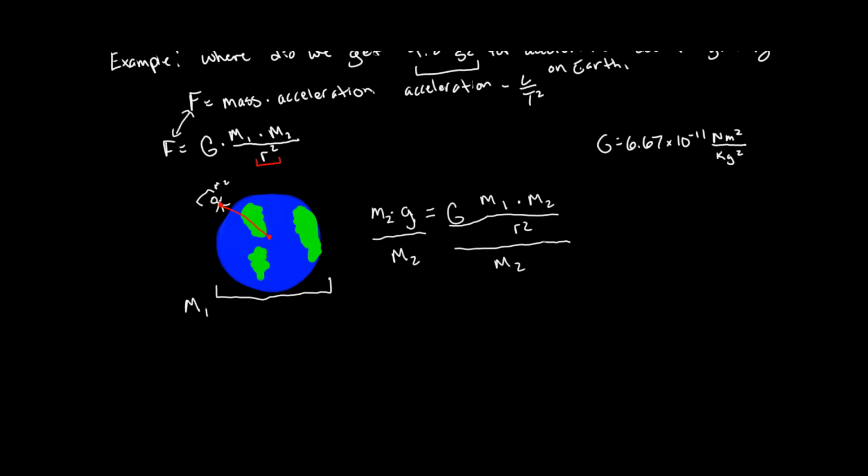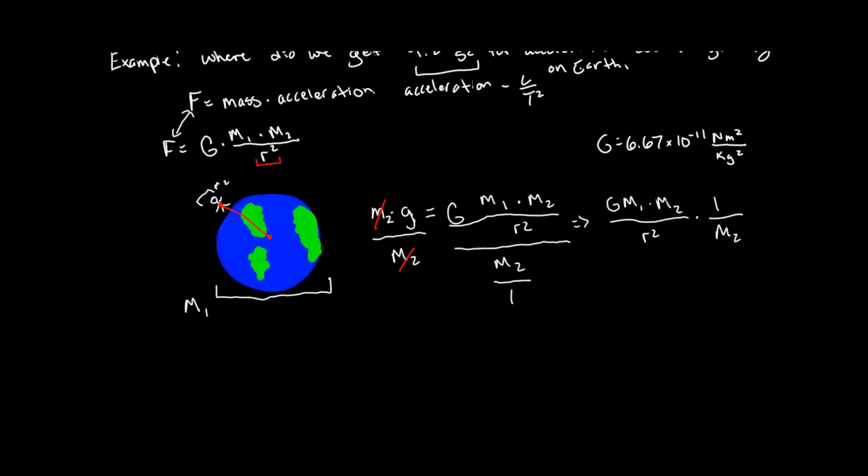Now here we know our m2 is going to cancel. No problem, right? But over here, we now have a weird fractional division. So we have to imagine this m2 over 1. Then we have g m1 times m2 over r squared, and we divide by m2, or multiply by the reciprocal, which is 1 over m2.